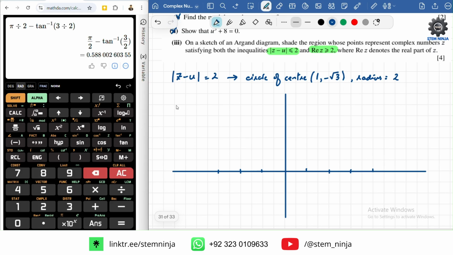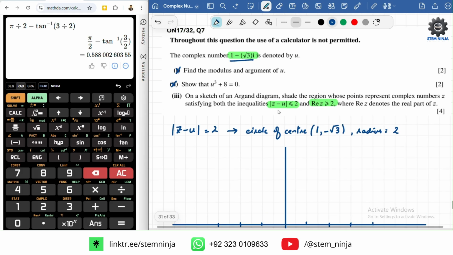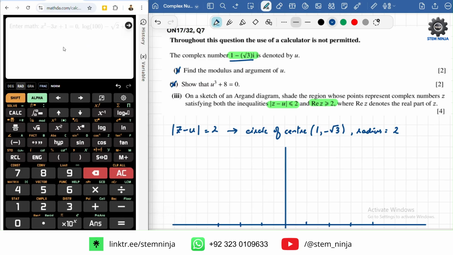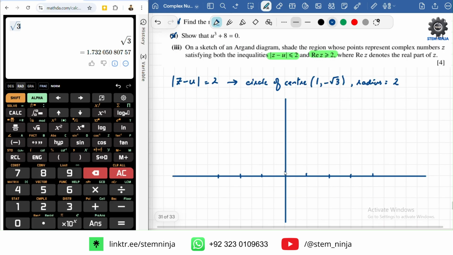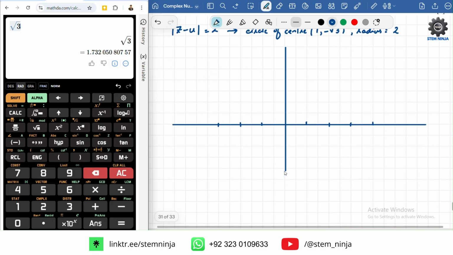Okay, and minus root 3 is roughly, now it's not going to be very accurate, so the center is at minus 1.7.